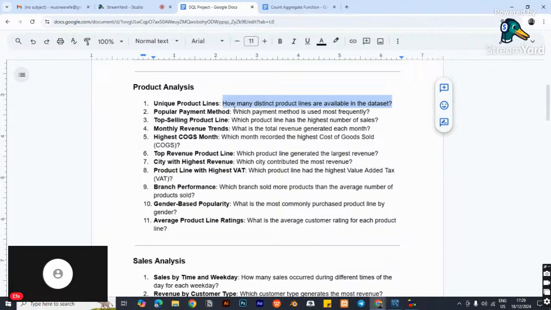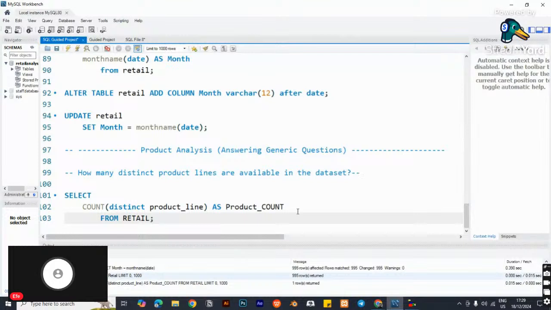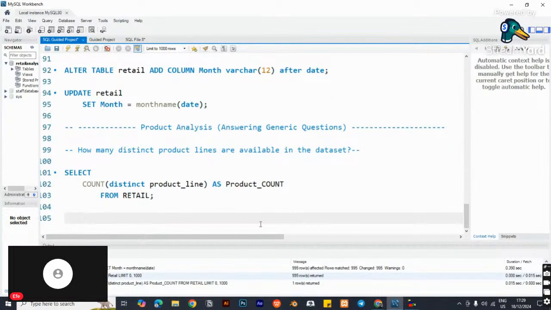We want to know which payment method is used most frequently. Copy that and come over here, and we'll change this to a comment. So which payment method is used most frequently? That's the question.